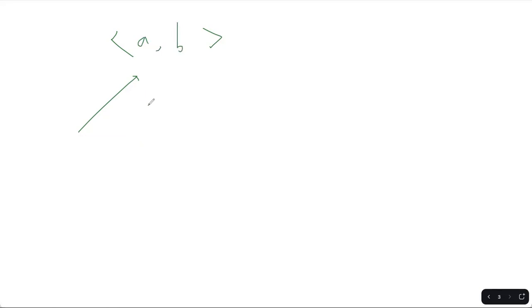The magnitude of a vector is given by two absolute value bars, or sometimes even one. So this is called v, with a little arrow symbol on top, and it's the square root of a squared plus b squared, where a and b are the horizontal and vertical components, respectively.